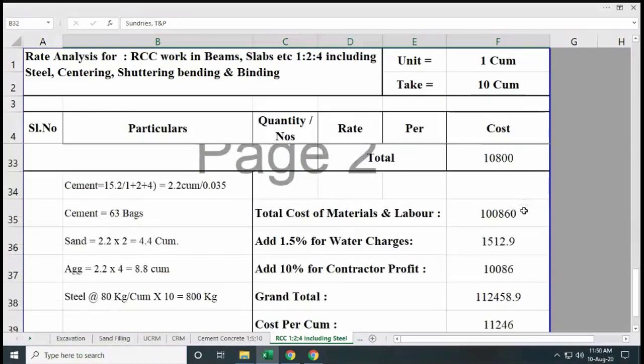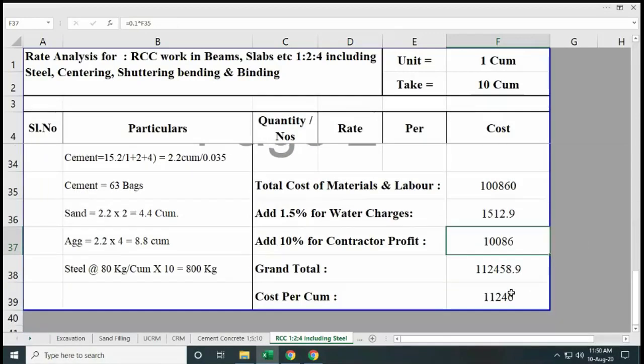Right? So you add up, you will get the total cost of the material, 1.5% water charges, 10% contractor profit. So the grand total will be like 11,246 rupees per cubic meter. So what is this rate? This rate is inclusive of centering, shuttering, bending, binding, inclusive of steel.